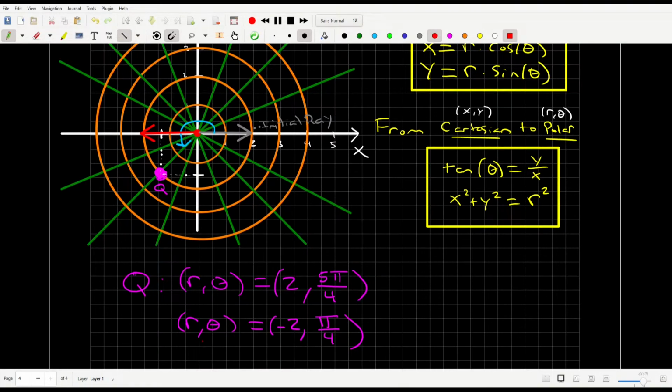I'll underline each of these in the colors corresponding to the initial ray for each description. So if our initial ray goes from the origin out to x equals -2, this is still a distance of 2. And then we only have to go an angle of pi over 4 from the x-axis, which corresponds to this angle right here.